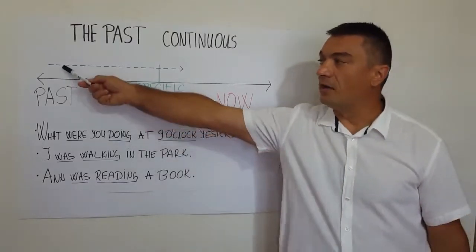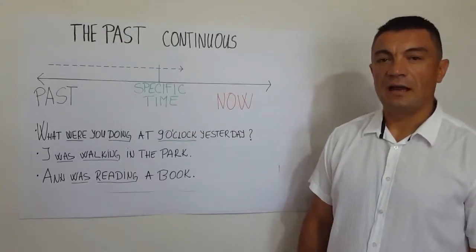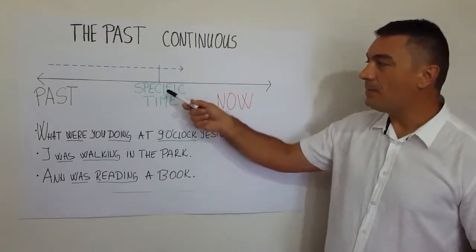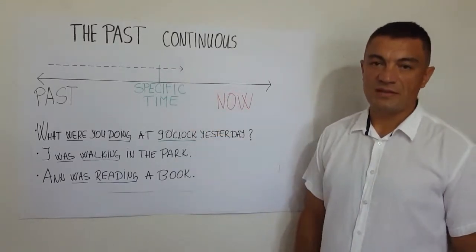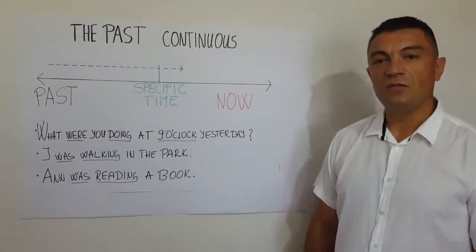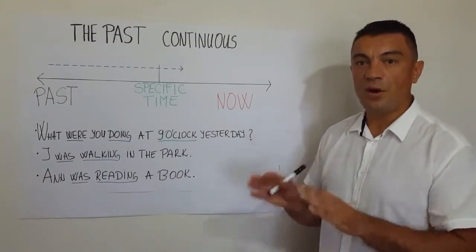This dotted line on the timeline represents an action that was in progress in the past. This upside green line represents specific time.